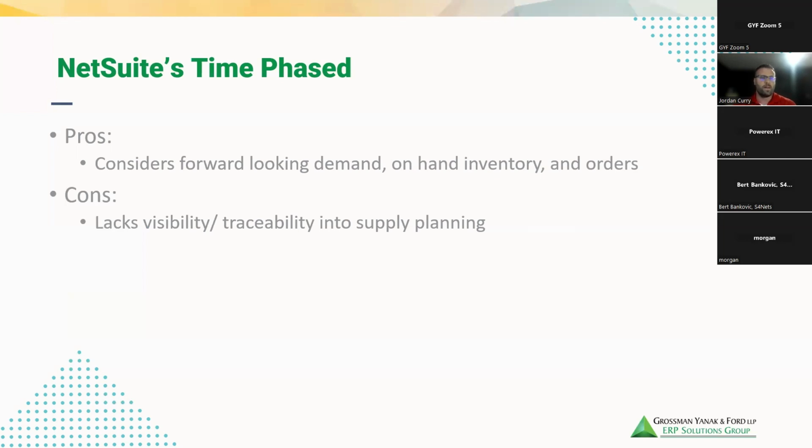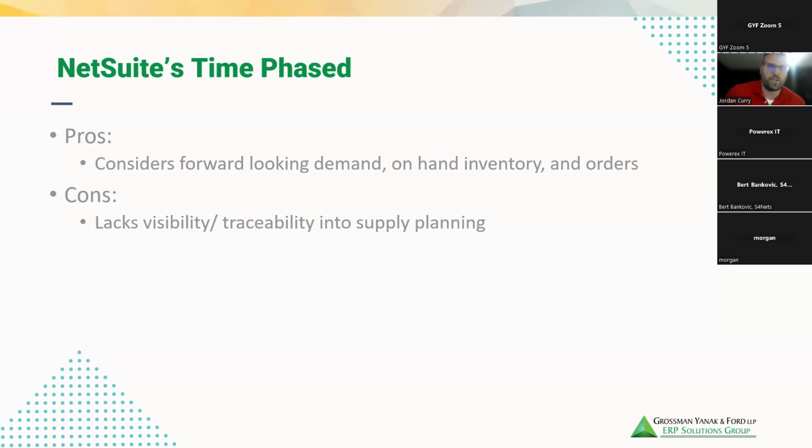The con that I found with time phased is it doesn't have a great centralized repository to view the information. Obviously you can use those dashboards that I talked about earlier, those bundles, to view the information. You can use saved searches and reports to view the information.